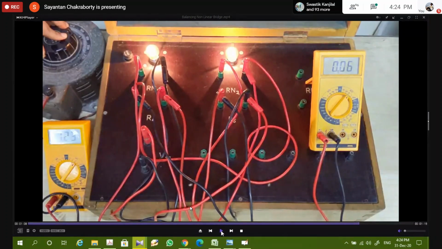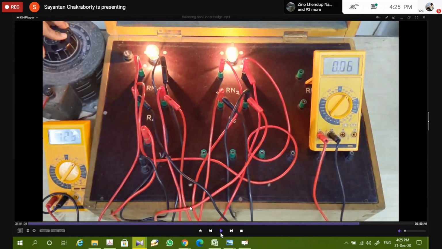So starting from a very wide diverging condition, just because of the nonlinear behavior of these two lamps, as soon as they start glowing, the resistances start changing, and since they're on opposite sides of a bridge, they counteract each other.